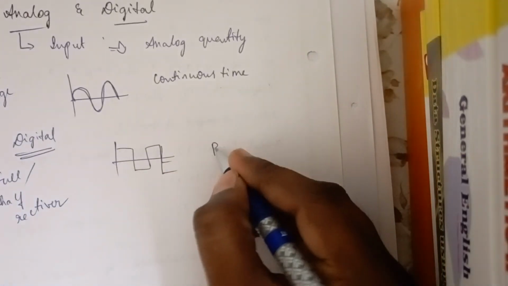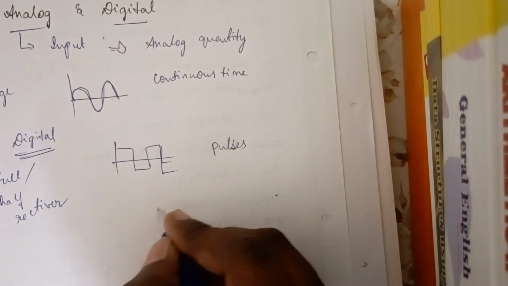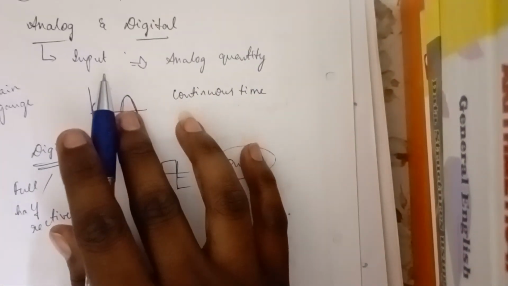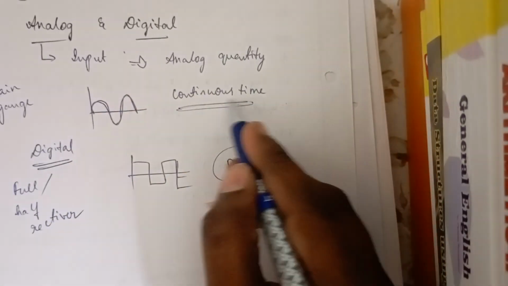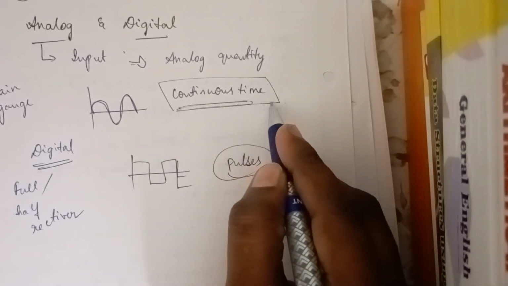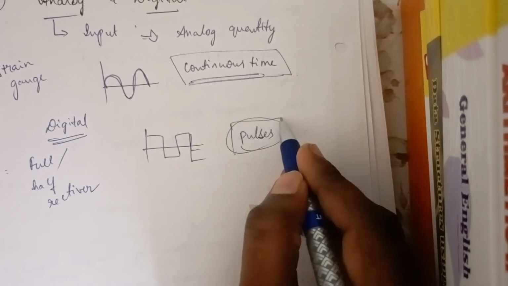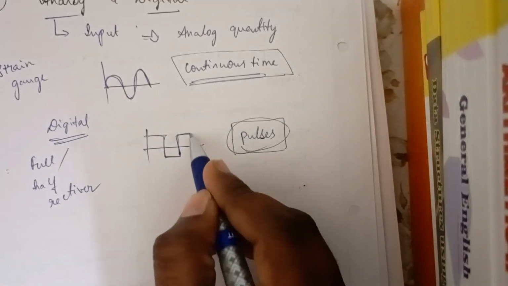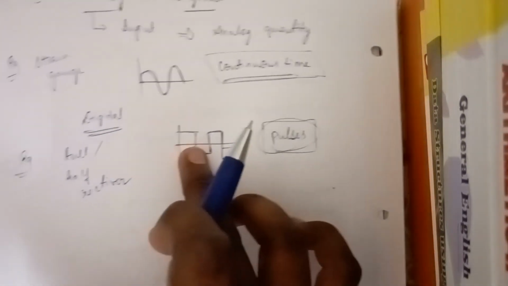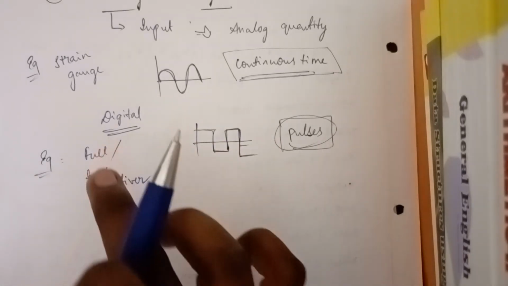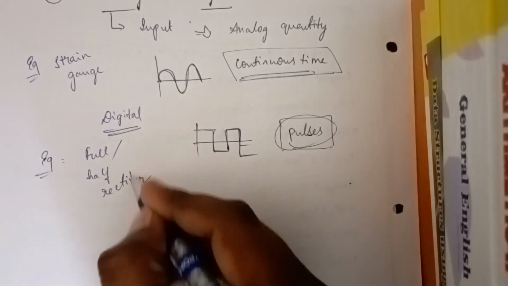So the output will be in the form of pulses. Earlier, in analog transducers, the output is a function of continuous time, but here in digital transducers it is in the form of pulses. This is about digital transducers, and the better examples are full wave and half wave rectifiers.